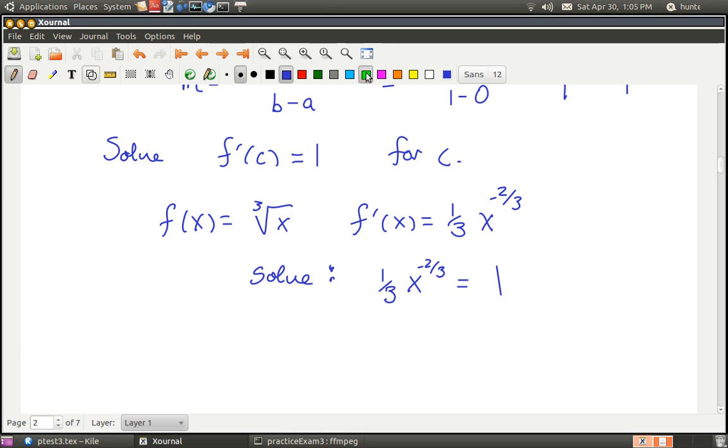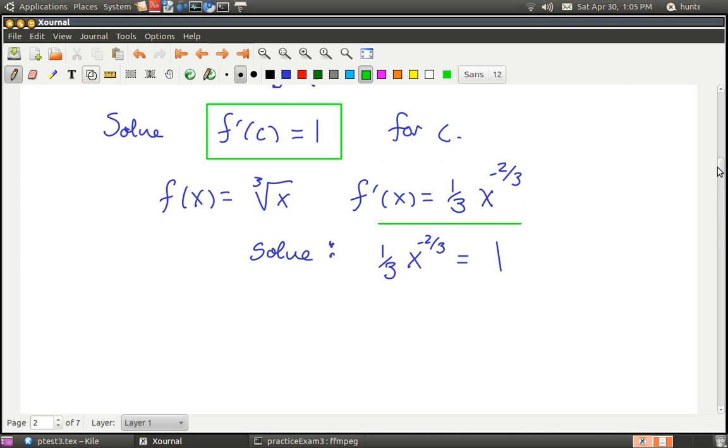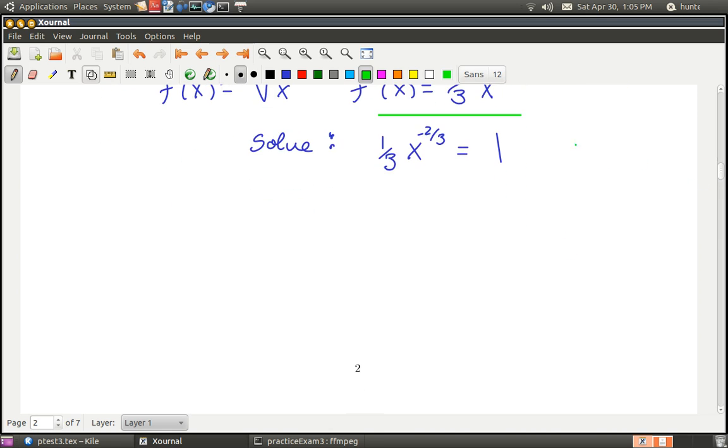Now you should understand that this is just this. We're going to find the value that makes this true, and that's going to give us the answer to the question. Let's just do the algebra. This means x to the minus 2/3 is equal to 3. This means x is equal to 3 to the minus 3 over 2.